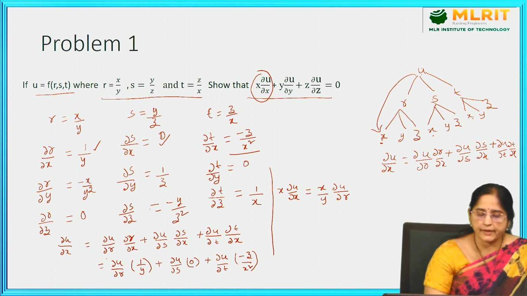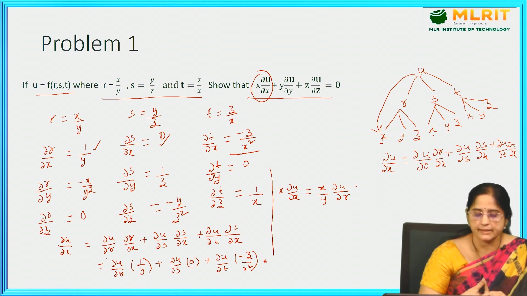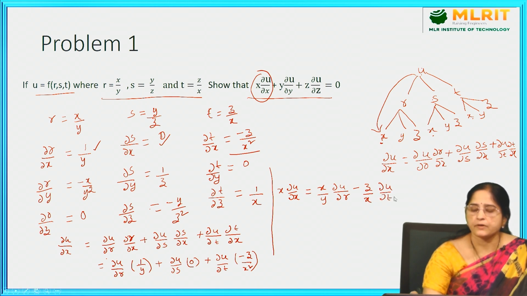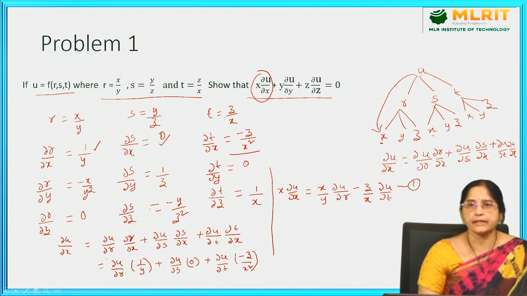Next one, we have to multiply this with x. Here x is there, here x square is there. One x is cancelled, that is minus z by x we will get. Minus z by x into dou u by dou t. Take this as equation 1. So we calculated x into dou u by dou x.